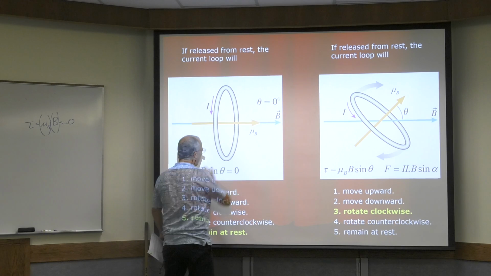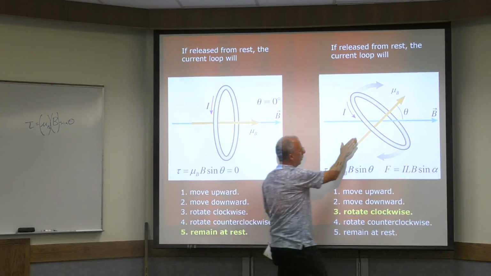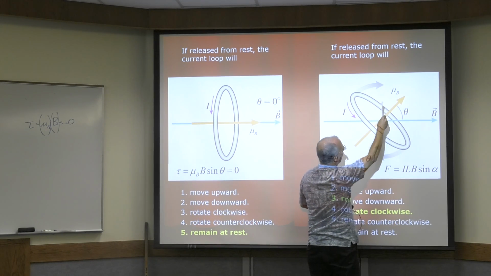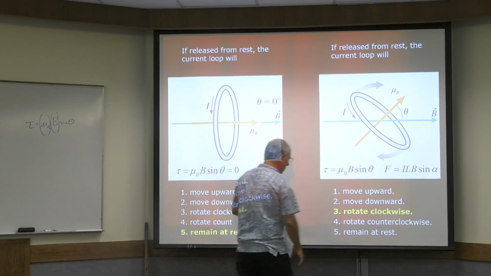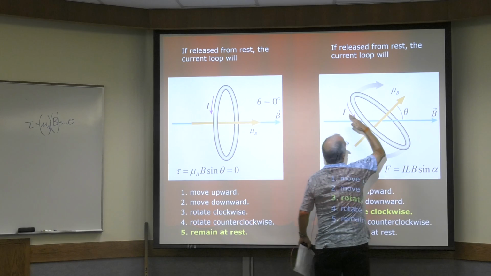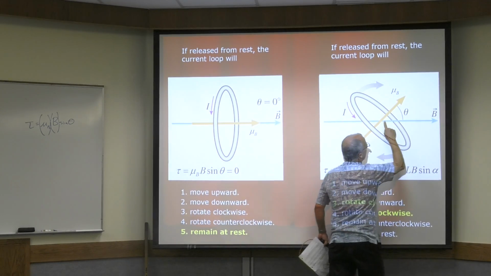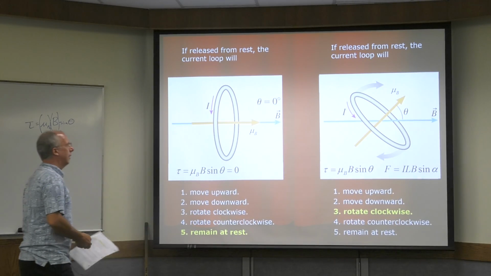Here's no torque because it's in the preferred direction. Here we rotated it a little bit, so we want to go back to that preferred direction, right? So it's going to rotate clockwise, because you want that to be in the same direction as that.